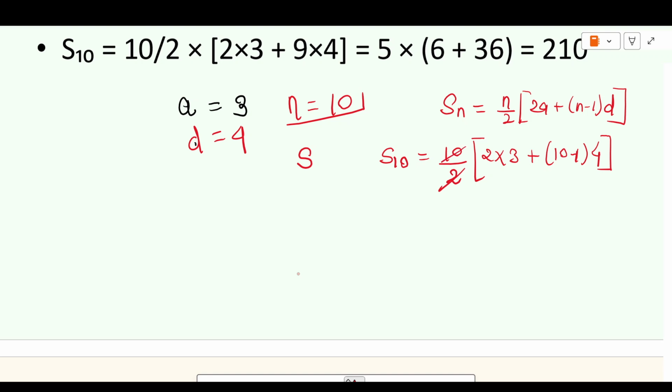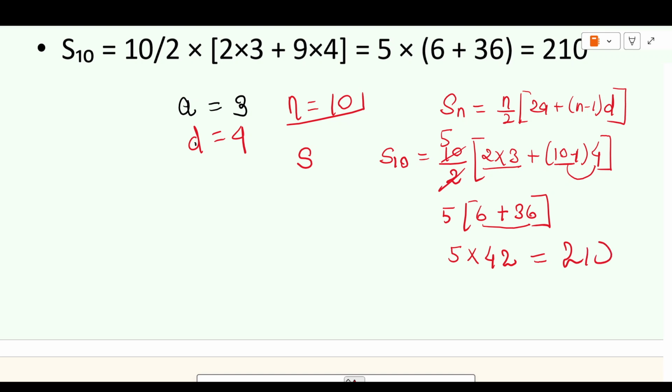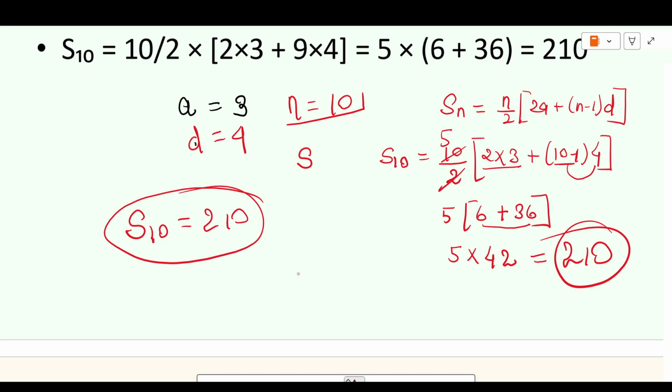If we cancel, here is 5 into (2 into 3, 6, plus 9 into 4, 36). The sum of 36 and 6 is 42. So 5 into 42, the answer is 210. So the sum of the first 10 terms is 210. Do you understand?